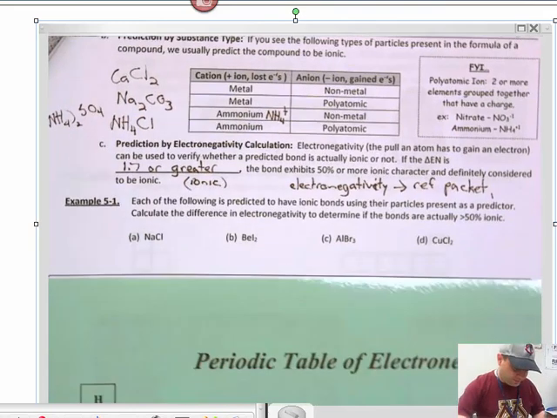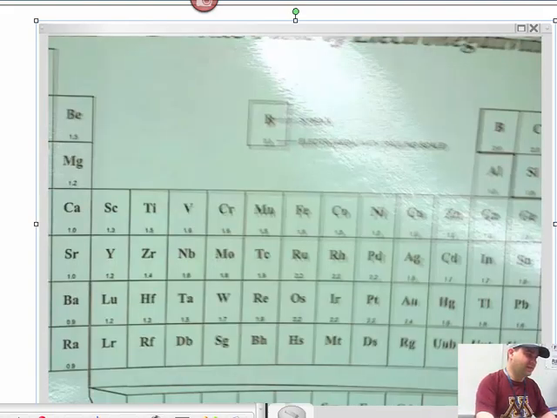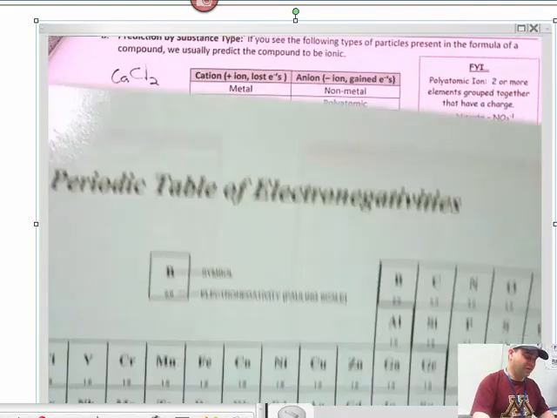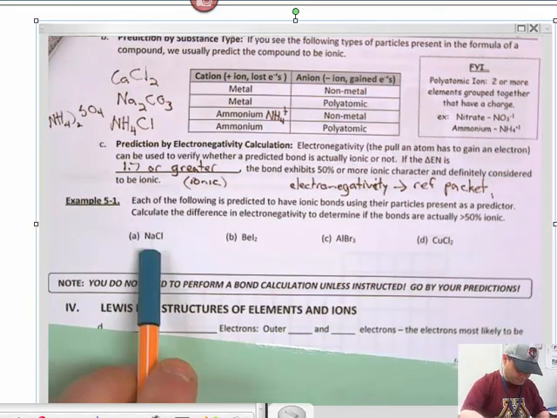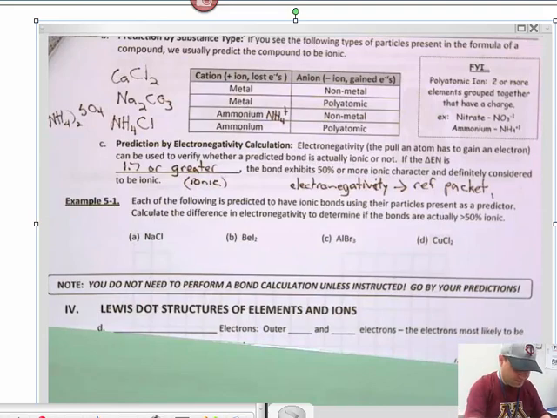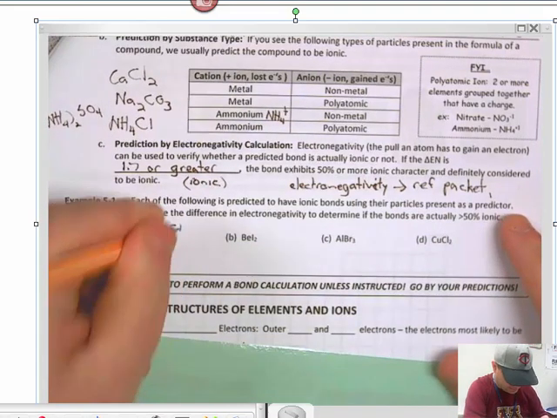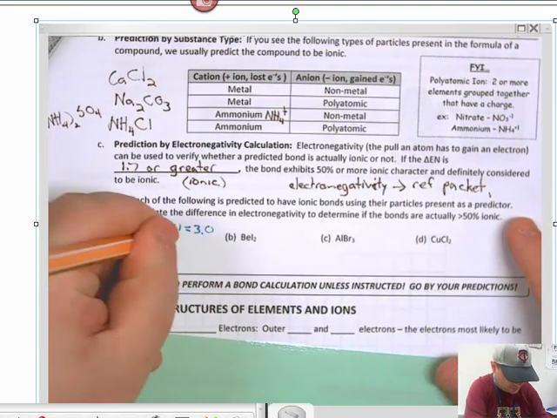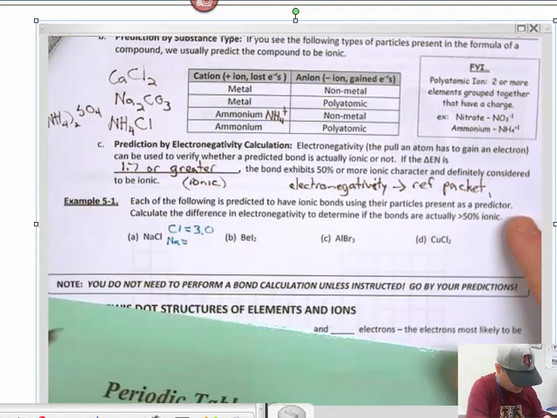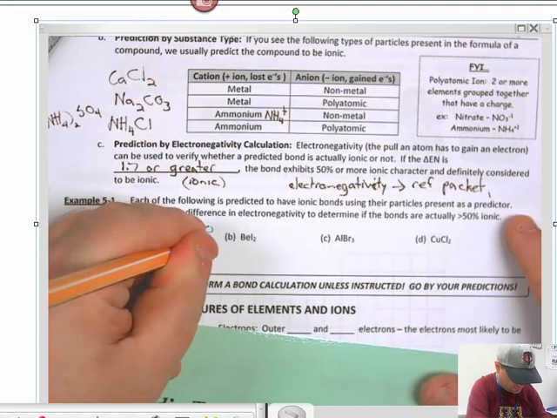Okay, so I have an electronegativity periodic table here. There's one like this in the reference packet for you. So for chlorine, the electronegativity is 3.0. Sodium has an electronegativity of 0.9.